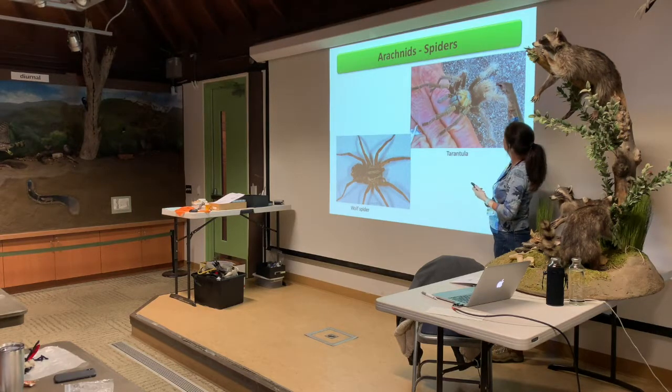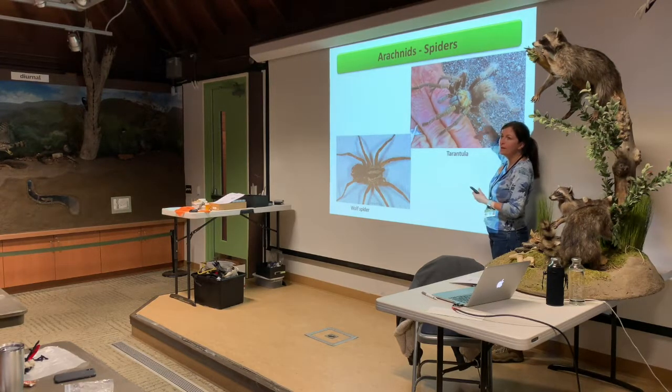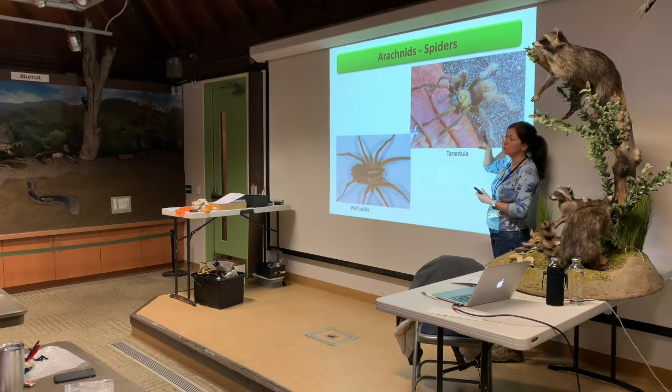You can imagine if a coyote comes up to this and is sniffing it, and it kicks those hairs into its nose, that coyote's leaving. There was a really sad case of a little boy at a birthday party who was looking at the tarantula, and it kicked the hairs into his eye.